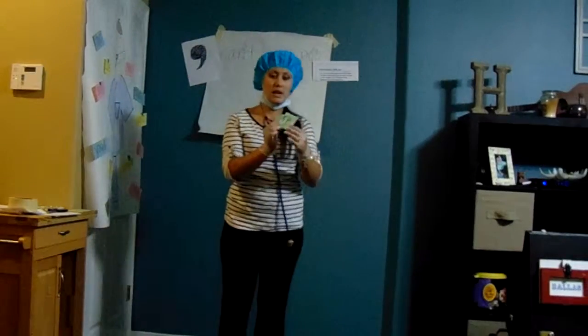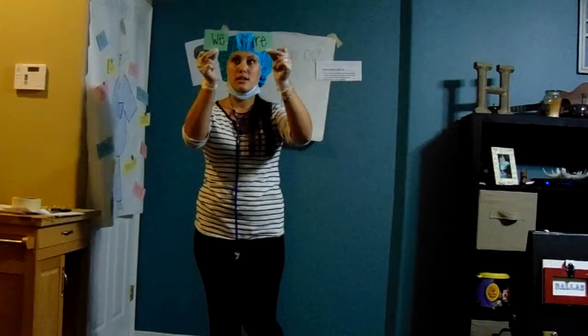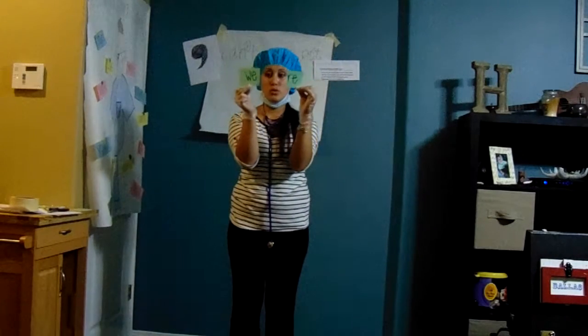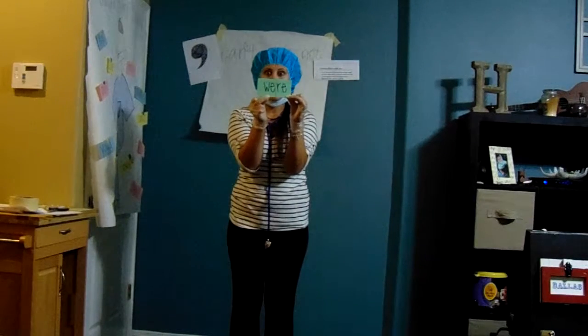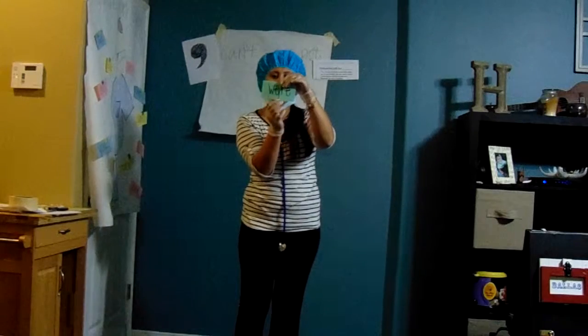Okay, so can everybody see what I'm left with? I'm left with we and. So after we get rid of our letter, our rule says to squeeze the words together. Okay, so now we're squeezed together.